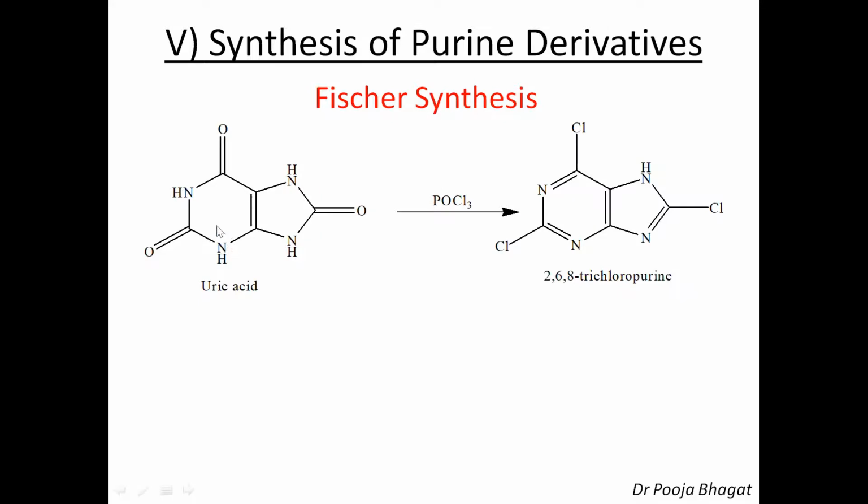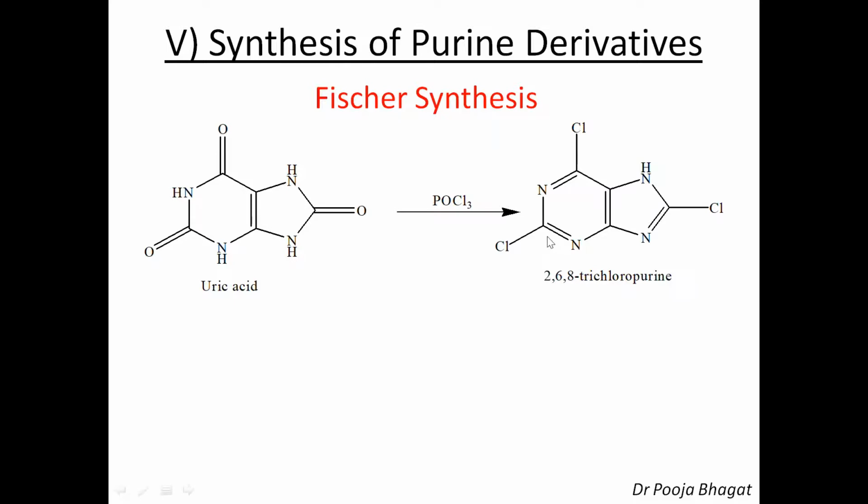Then the lone pair will shift here, the pi electrons will shift here, so double bond, single bond OH, and then it is substituted by Cl. All these ketonic groups will get converted into enolic form and then into Cl.